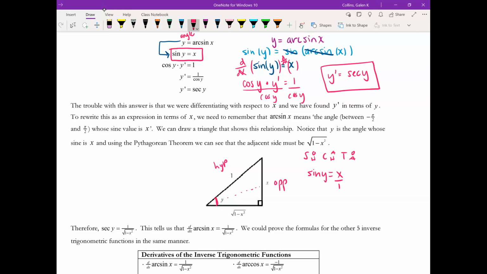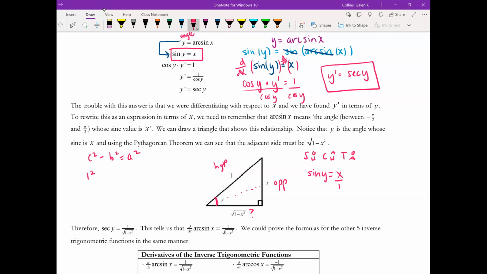Well, unless you read the text right above it, then you know that it comes from the Pythagorean theorem. So if we don't know what this leg is yet, we know from the Pythagorean theorem, a squared plus b squared equals c squared, or c squared minus b squared gives us a squared.